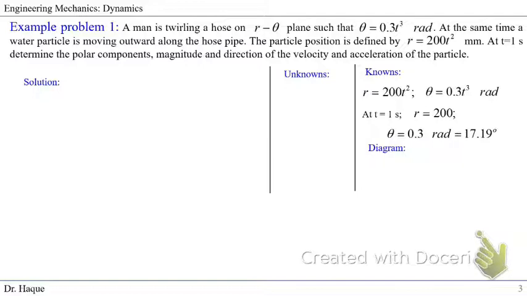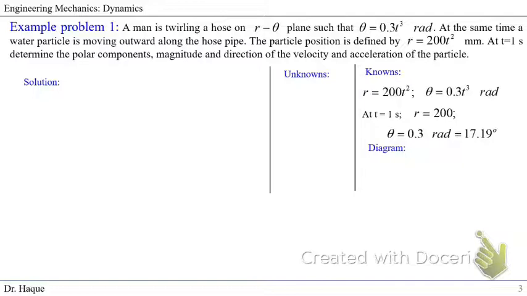If we plug that into the equation, we find t squared equals 1, so r equals 200. And theta equals 0.3 radian at t equals 1 second, which should be 17.19 degrees. So we converted from radian to degree.